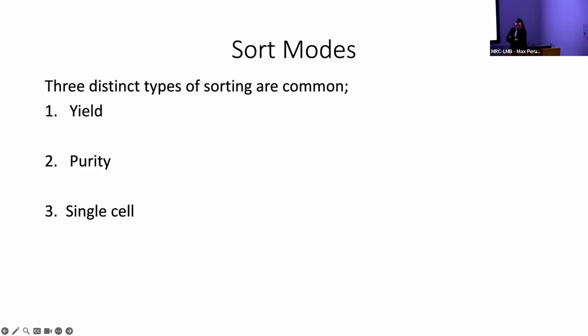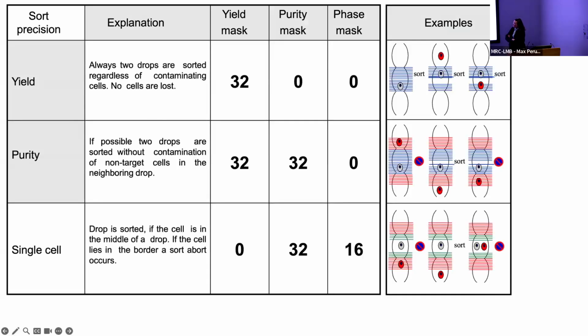So the presence of any particle, contaminant or target, in a 3-drop envelope surrounding the target particle causes it to be aborted. This ensures that the cell that is sorted has absolutely no contaminant particle, and in addition to that, there are no empty drops. So this is an example of the 3 different modes.